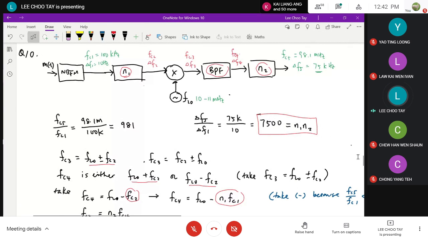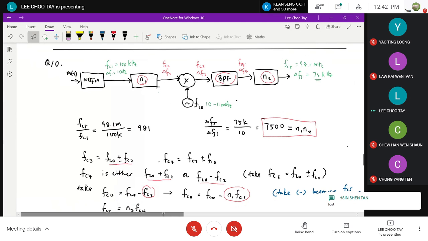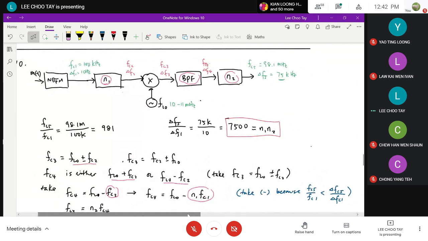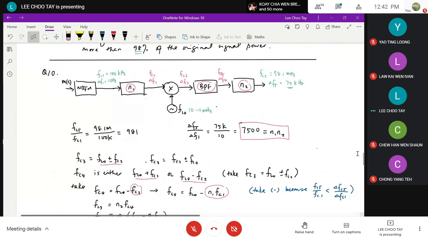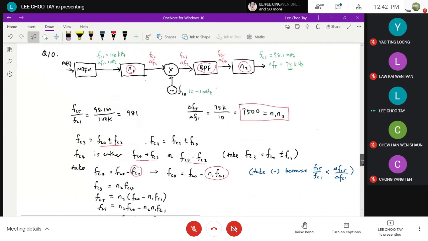If not, then let me adjust the page a bit for you. Maybe here first.